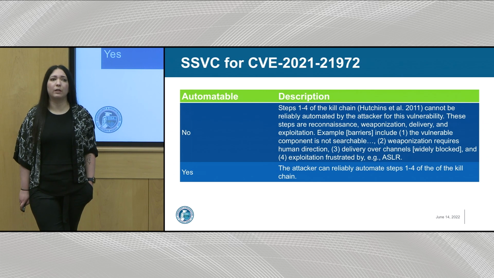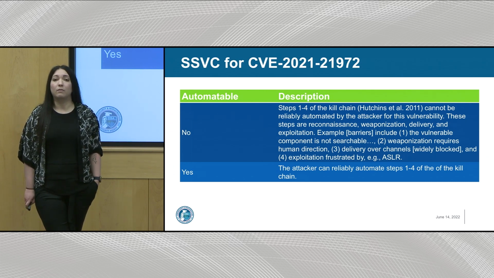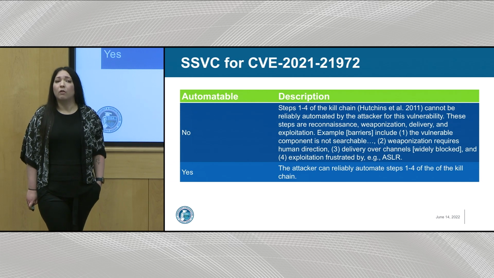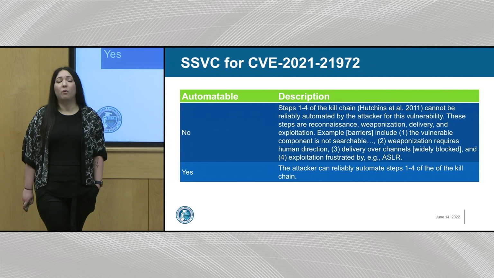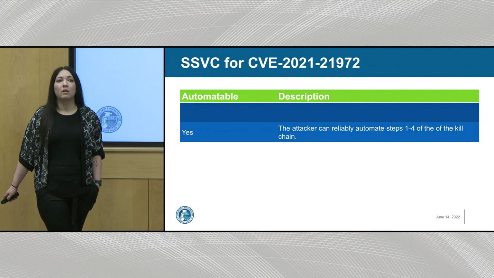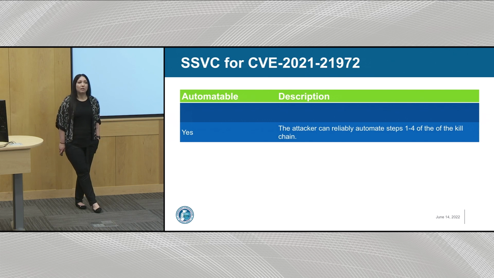The second category, automatable. You have the option of yes or no for whether that vulnerability is automatable, synonymous with wormable. As provided in the example, the answer to this question would be yes. The attacker can reliably automate steps 1 to 4 of the kill chain.